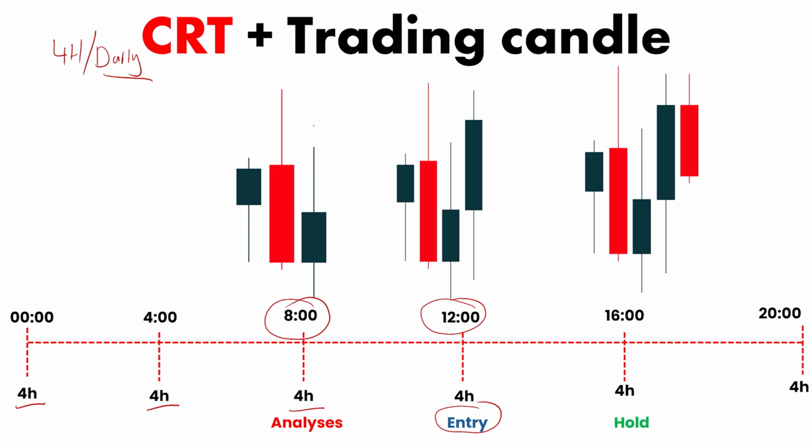Because you can clearly see that we have this candlestick here at 8, and then we have this candlestick here at 12. This is where you'll be looking to enter the market during that time frame. And then you hold the market again for this. This one was just a retracement, but then the market will move to the upside.